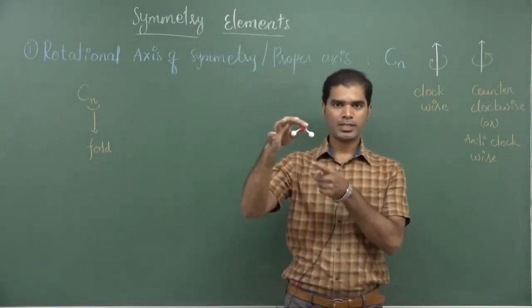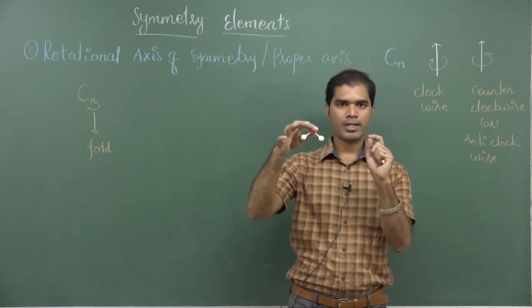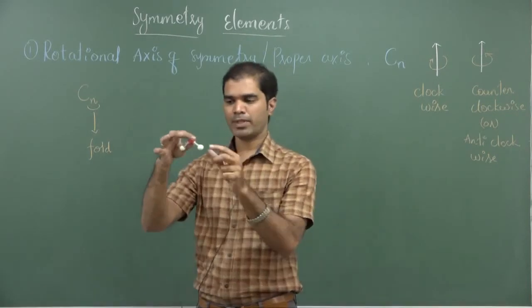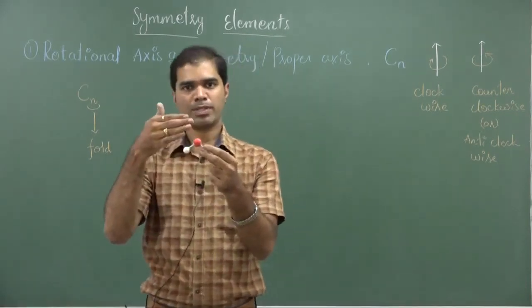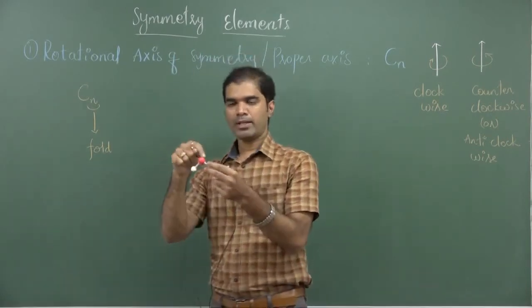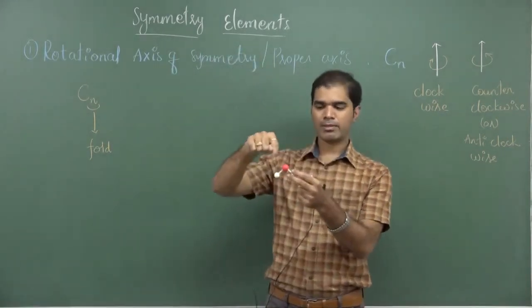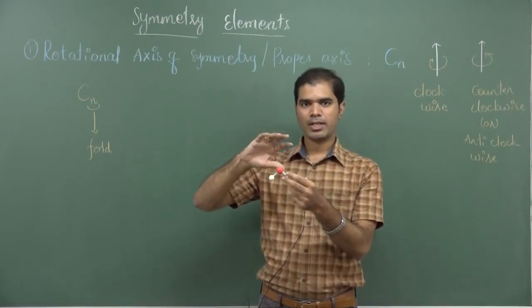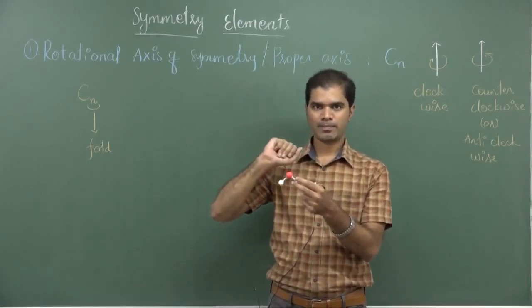Once I have passed a rotational axis, then I am rotating it to some point where I get a particular configuration which looks just similar to the original one, and I perform some other rotations where I finally arrive at the identical configuration.